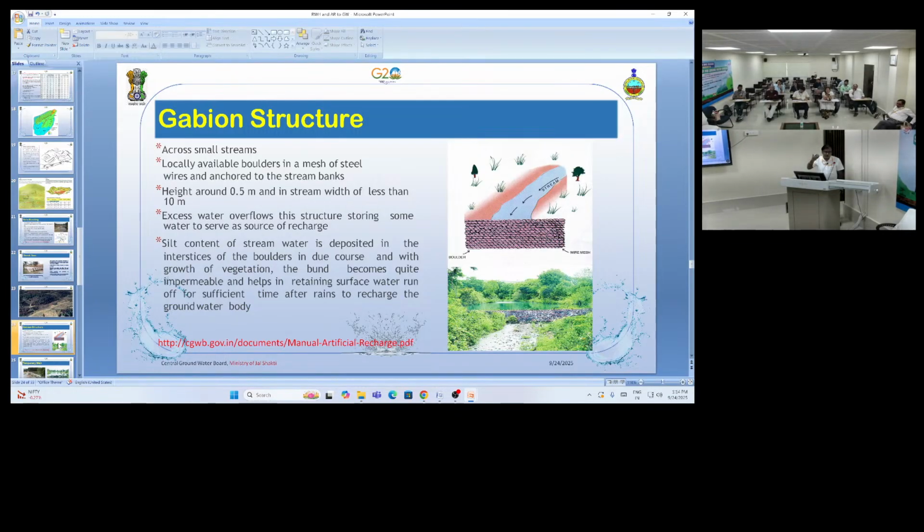Whenever we are estimating the groundwater resource, we keep some natural discharge that we do not consider in our resource calculation, because for our ecosystem some amount of water is required to flow, kept for drainage or any other natural water supply system. So here also excess water will flow, and silt content, everything deposited here, will slowly compact and it will become a stable structure in time.